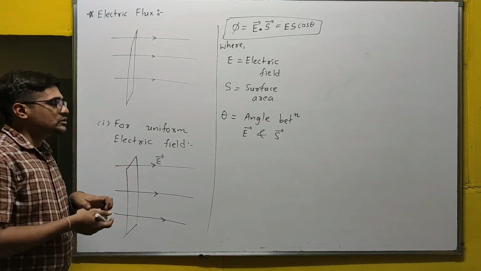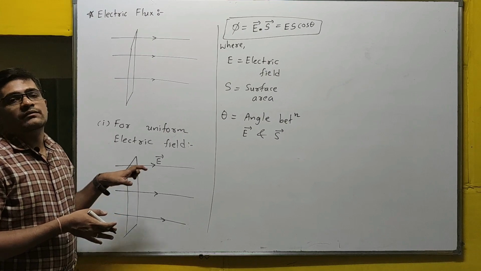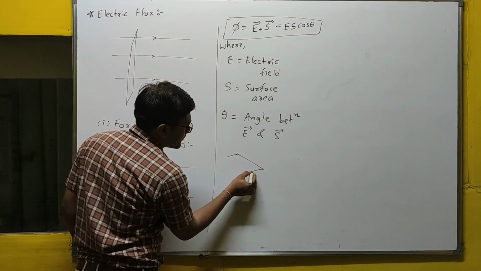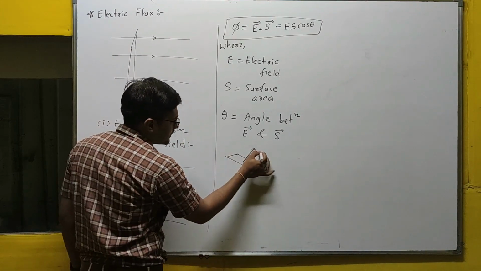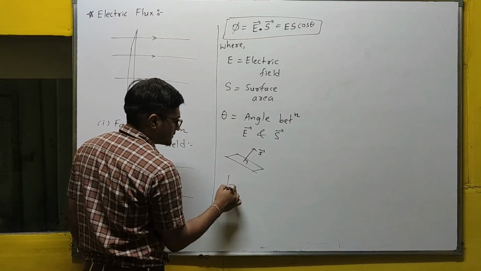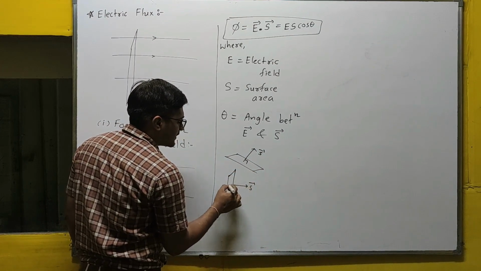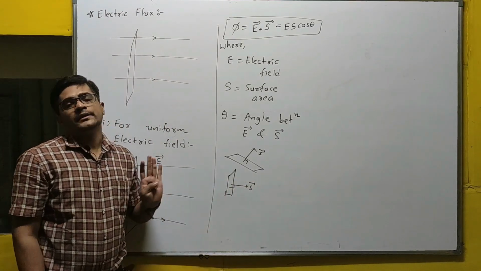The direction of surface area is always perpendicular to the given plane. For this plane, the surface area is in this direction. So always the direction of surface area is perpendicular to that plane.